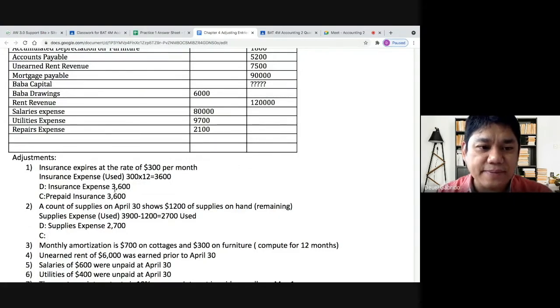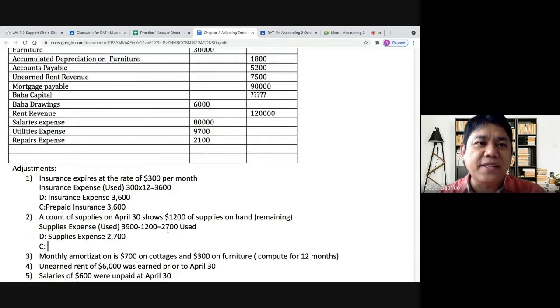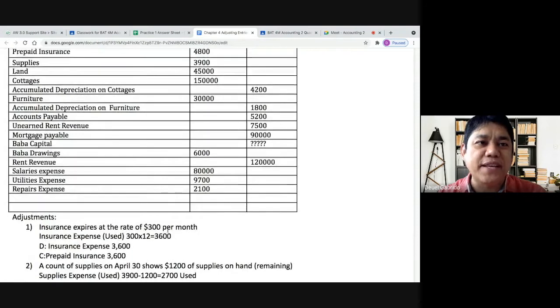We need to recognize the supplies expense because when we make the income statement, if we did not include this one, the supplies expense will be overstated, right? You know that, if we did not record the supplies expense at the end of the year. So what should be credited, guys, so that the supplies will not be overstated?